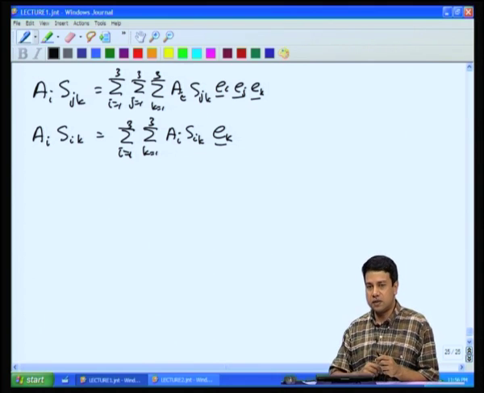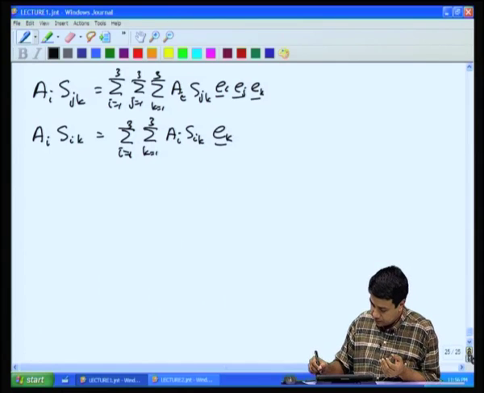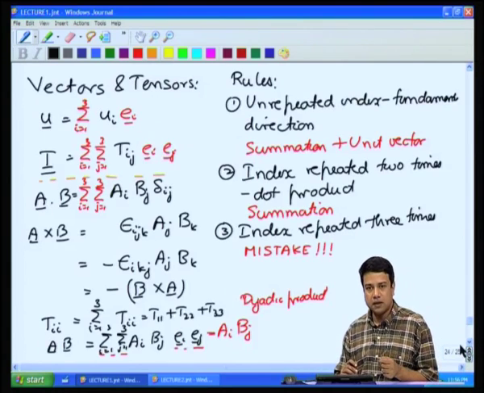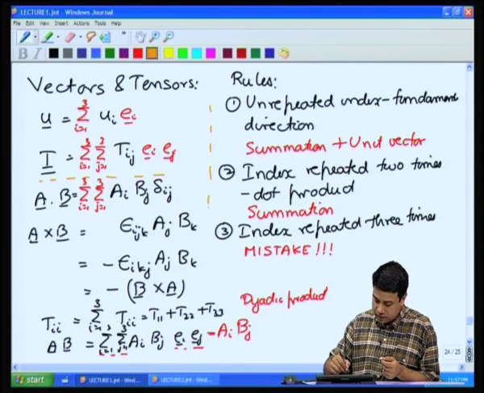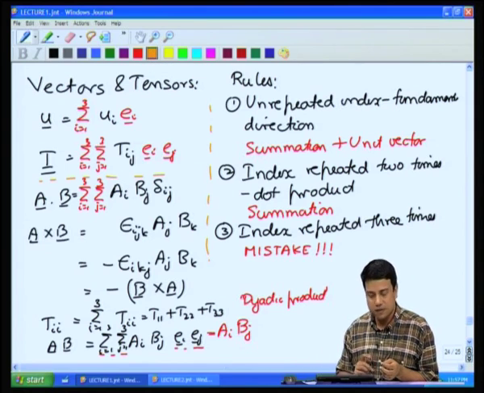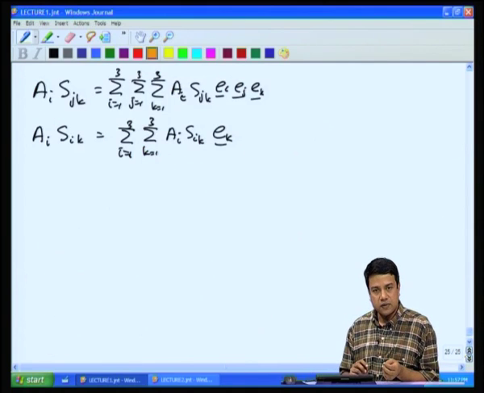And the other important thing to remember is that I told you these rules to keep in mind. These are just for the vectors and tensors themselves. I can also write equations equating different vectors and tensors.